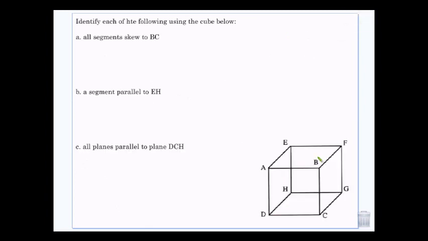We're going to start with skew to BC. So first I need BC. And then I want the lines that won't intersect it but don't run the same direction. Which one? AE? Yeah. Yep.